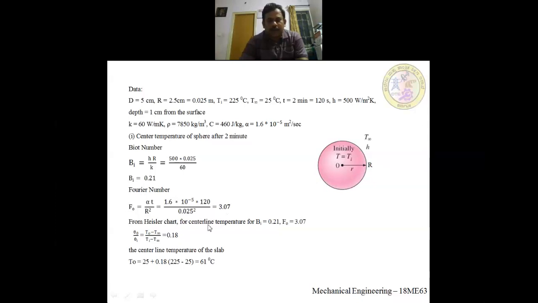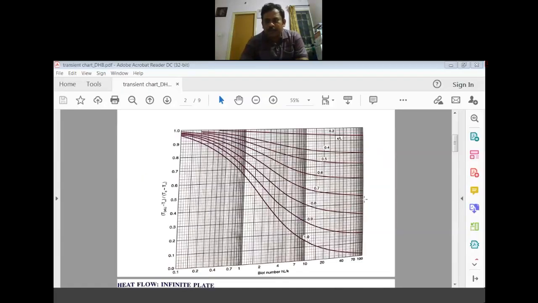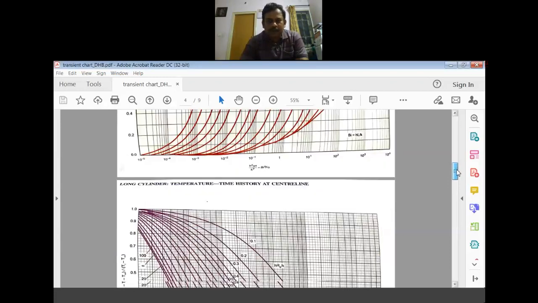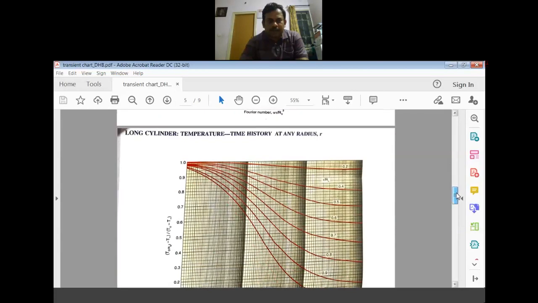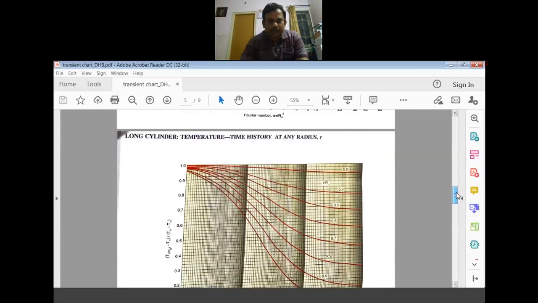From the chart, for 0.21 and 3, I'll go to the chart. So here we have to go to the sphere. We have done the problem on plate. This is for cylinder.